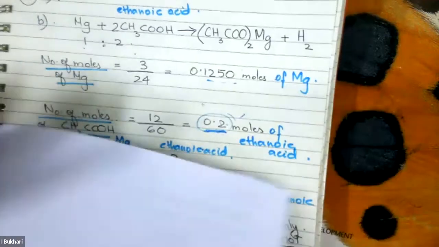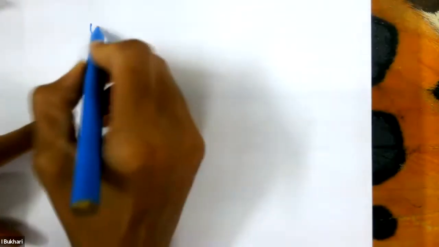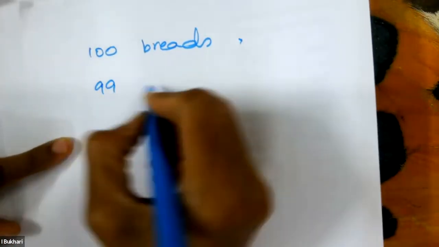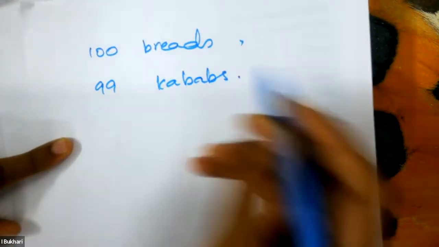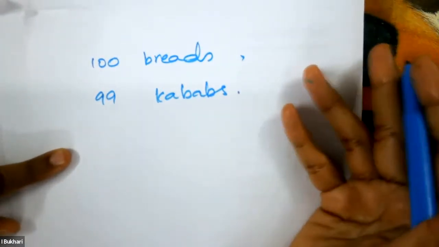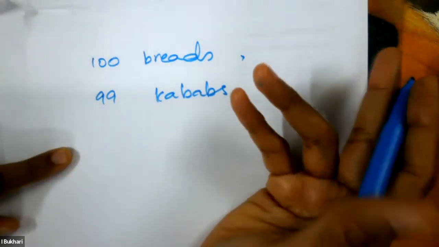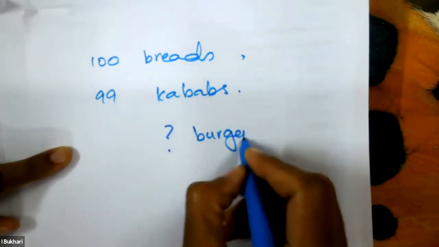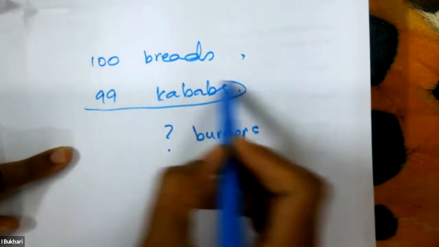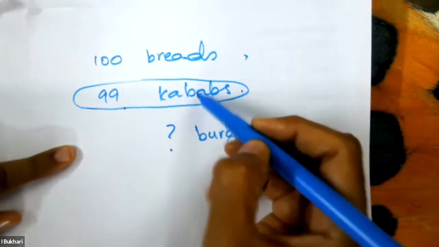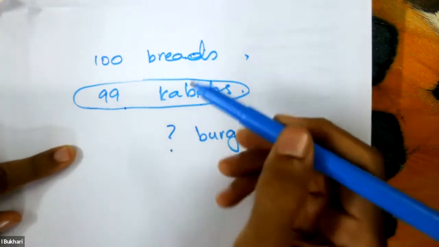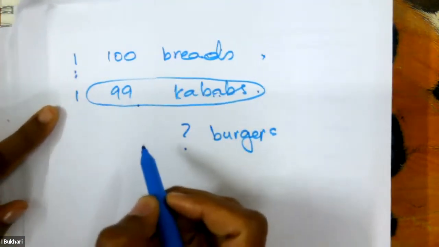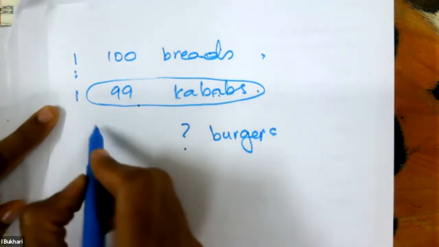For example, if you have 100 breads and 99 kebabs, you can have as many breads as you want and as many kebabs as you want, but how many burgers will you get at the end? That will depend upon the limiting factor, on the ratio in which they are reacting with each other. 1 bread and 1 kebab give 1 burger.